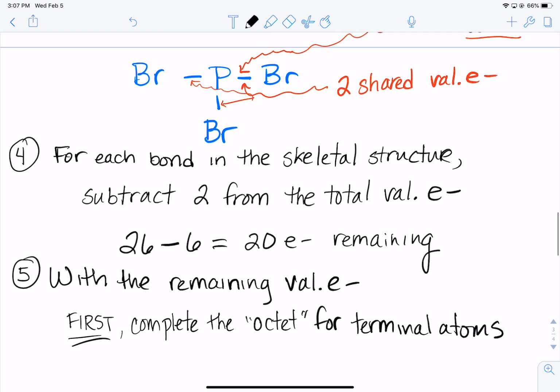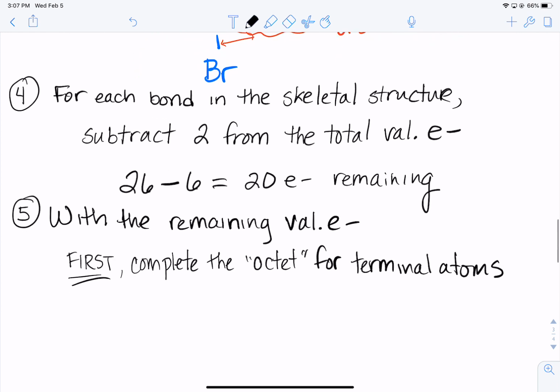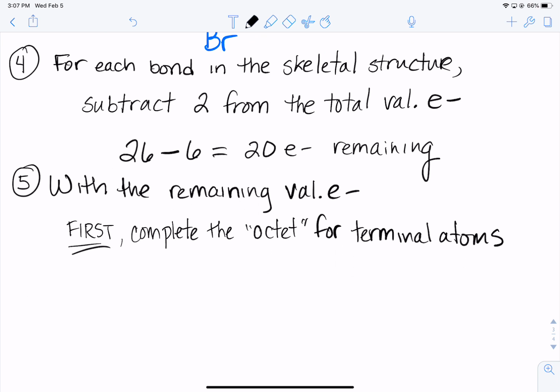How many electrons currently are around the Br in the skeletal? Like just any one of those. This Br, like right here, how many are around the Br? Well, 2. It doesn't have 8 yet. It only has 2. So we're going to complete the octet by putting our remaining electrons around our terminal atoms first.